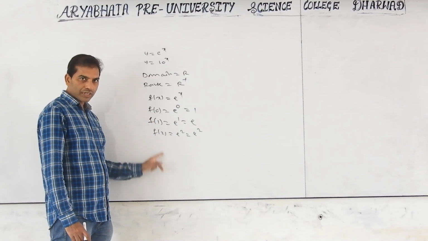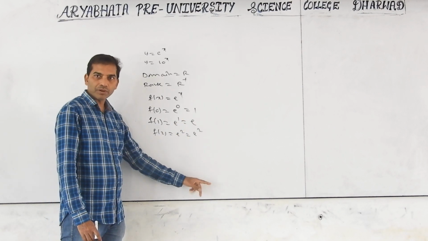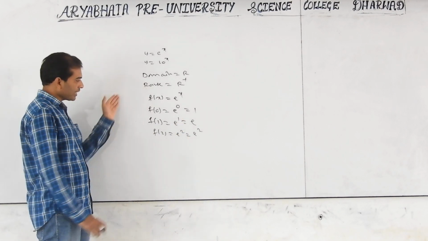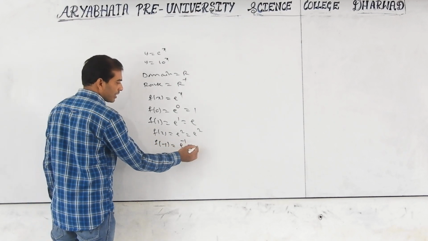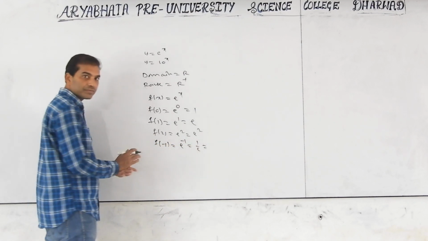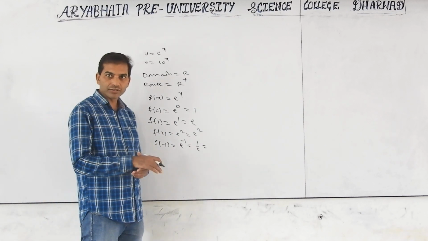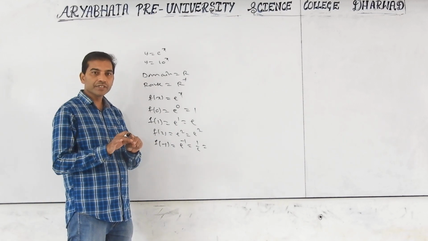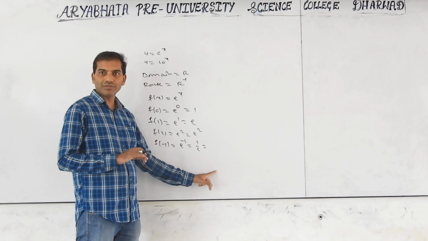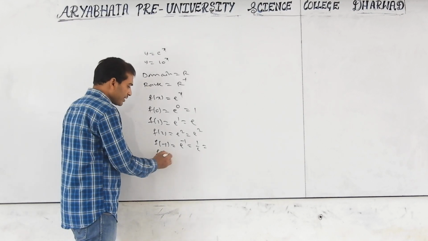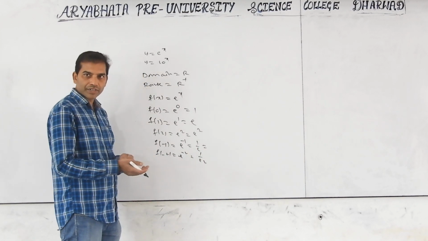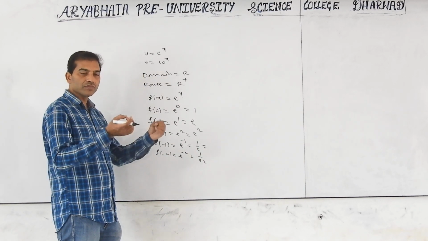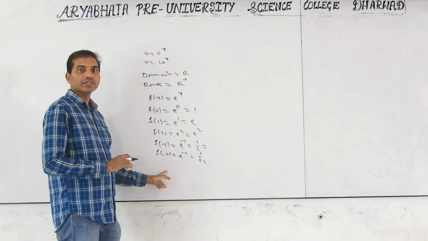If you take positive real numbers, then the range is also positive. If you take f of minus 1, e power minus 1, 1 by e, is it negative or positive? Positive, but very close to 0. If you take f of minus 2, e power minus 2, 1 by e square, positive or negative? Positive. So it is very close to 0.